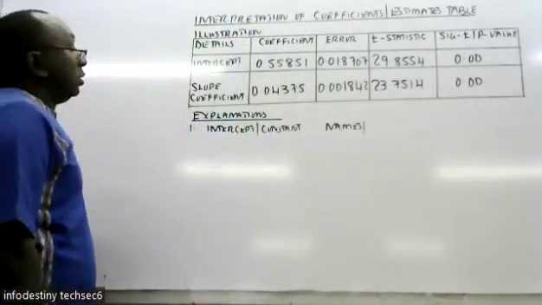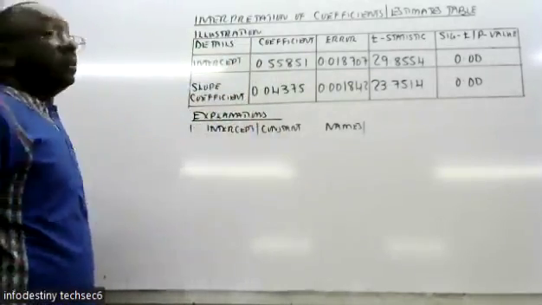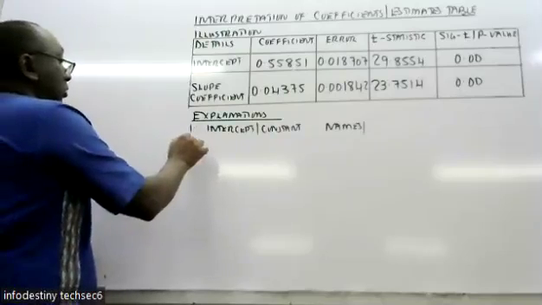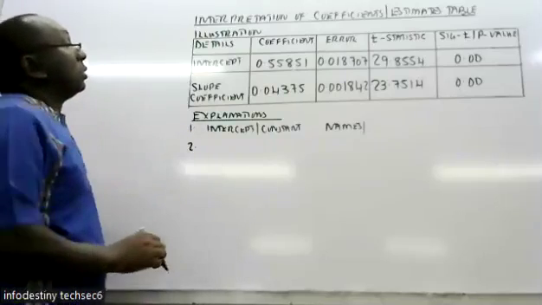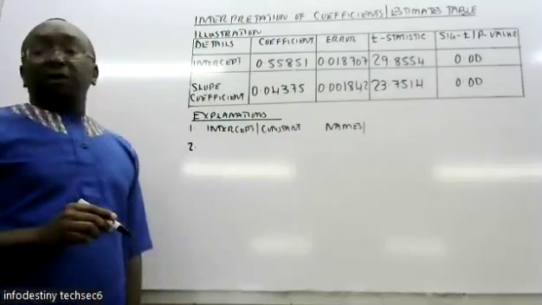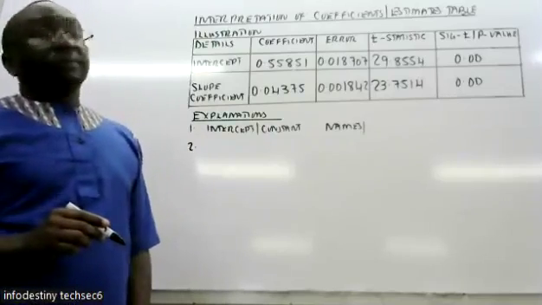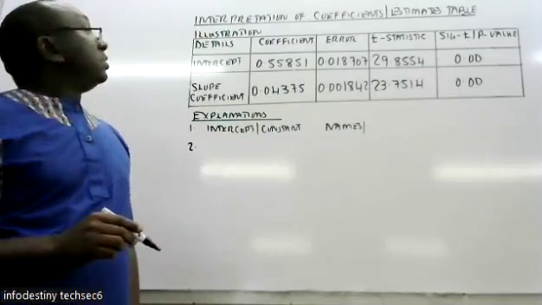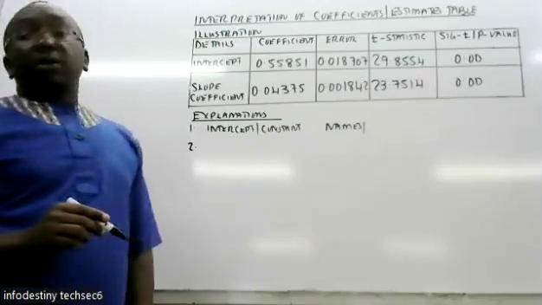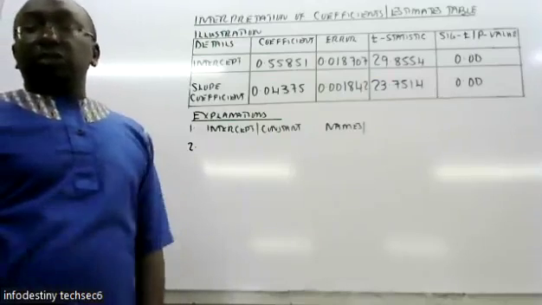Okay, so I think that is very clear. Point number 2. The column of coefficients contains solutions for the equation.